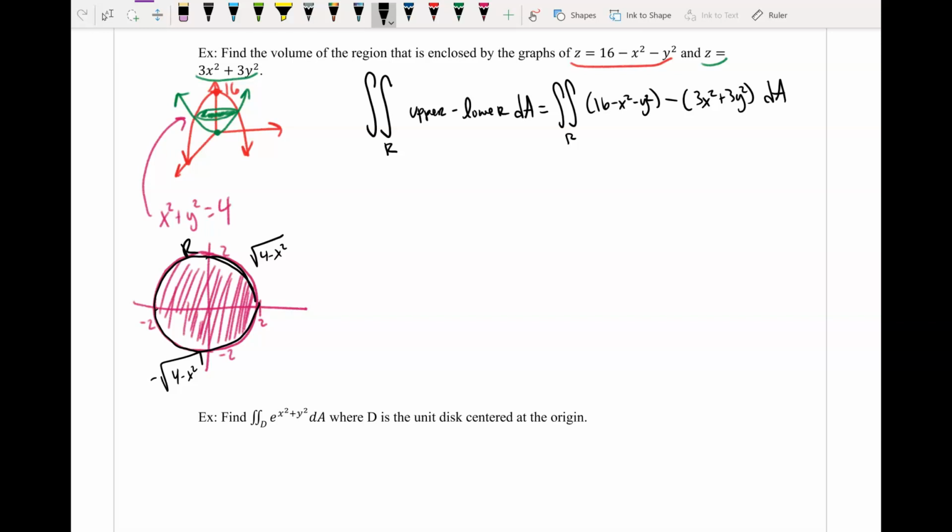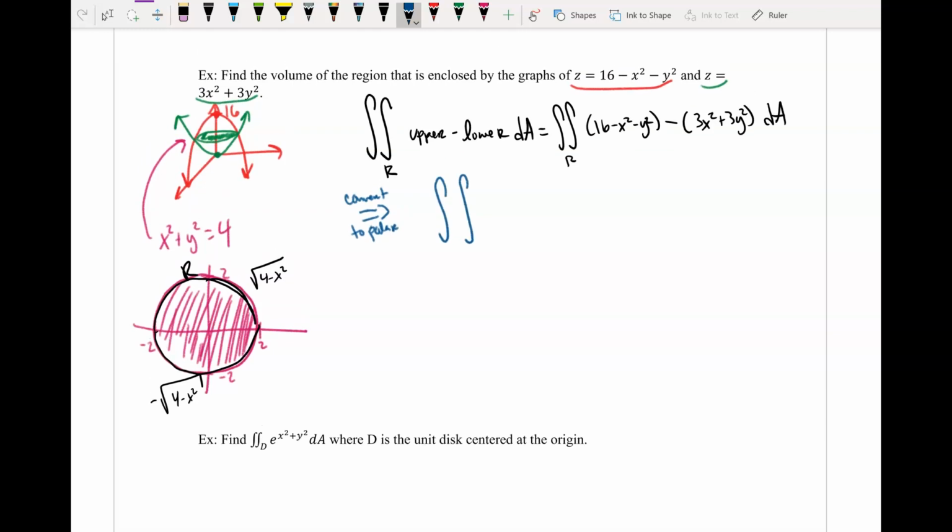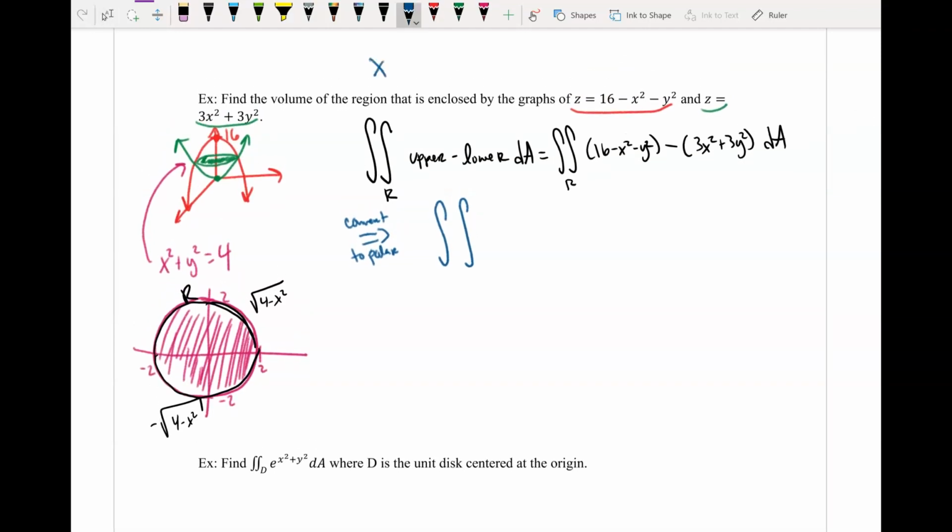Now let's go ahead and convert to polar coordinates, and you'll see how easy this is going to be. Before we talk about the limits of integration, let's use the conversion. Remember that x is equal to r cosine theta and y is equal to r sine theta.